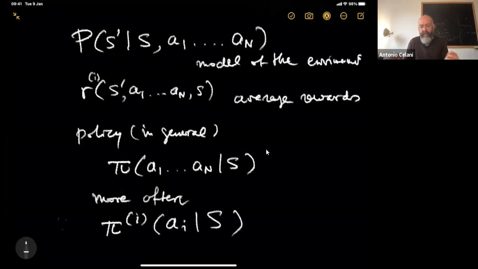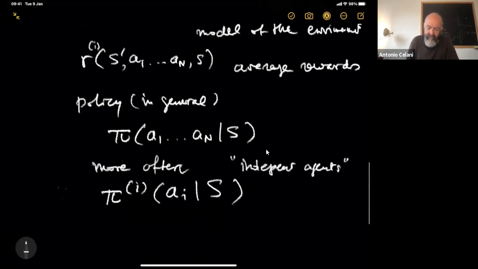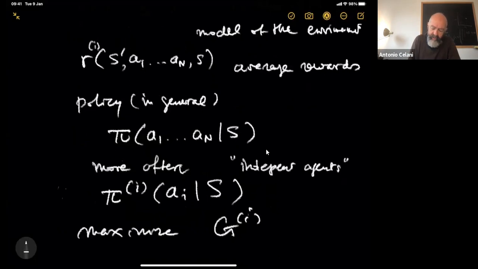Okay, so this is the situation where agents make choices depending on the state of the system independently. Okay, so this is the situation with independent agents, and each agent is caring about maximizing the goal G_i.